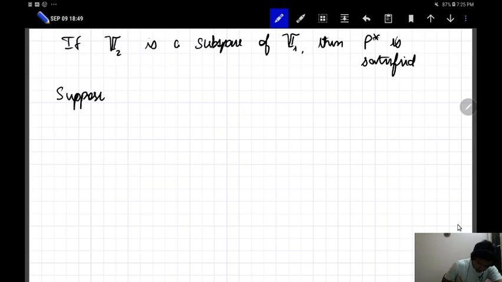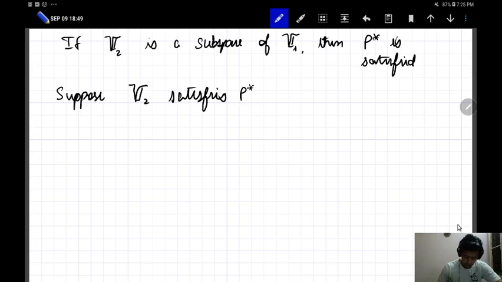So suppose that V2 satisfies, firstly, V2 is a subset of V1. Suppose that V2 satisfies property P star. That is, for every vector V1, V2 in capital V2 and alpha in the field F, V1 plus alpha V2 is also in capital V2.